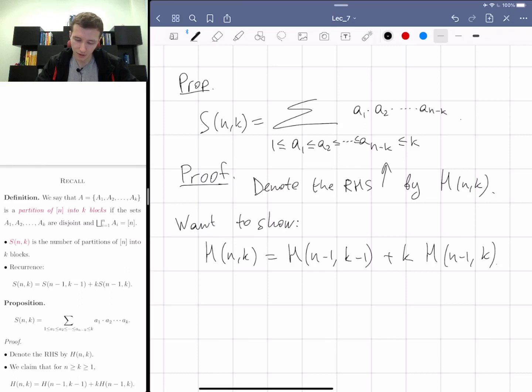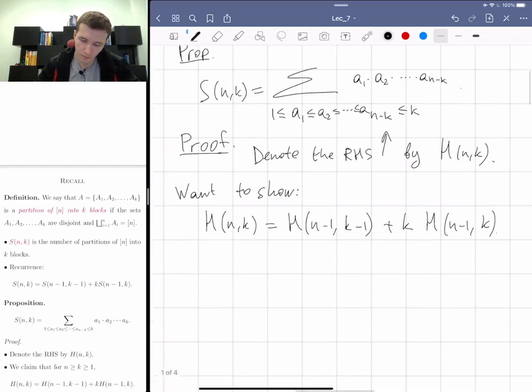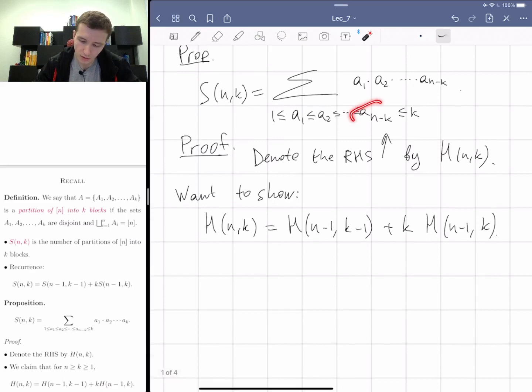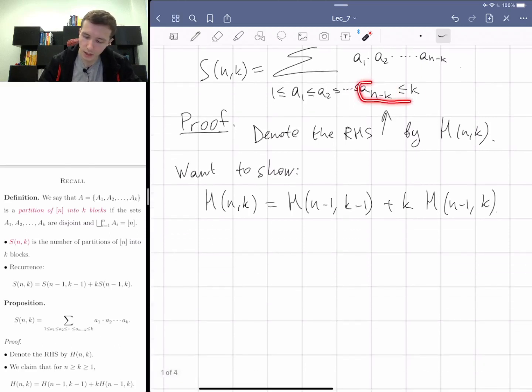So how do you do that? You can consider the last term of your sequence. The last term is either strictly less than k, or it is equal to k.